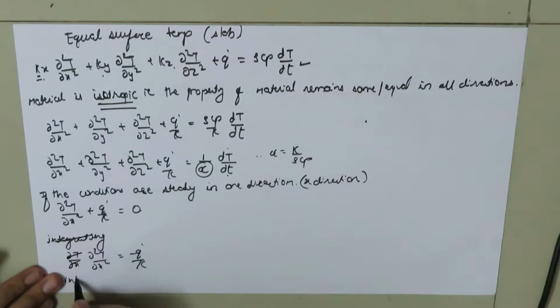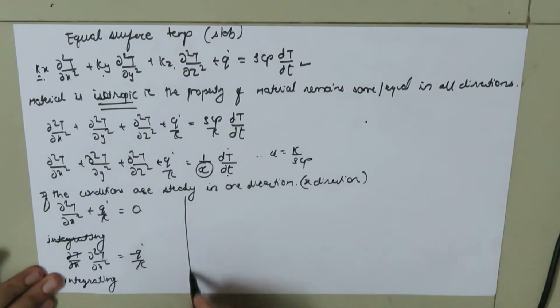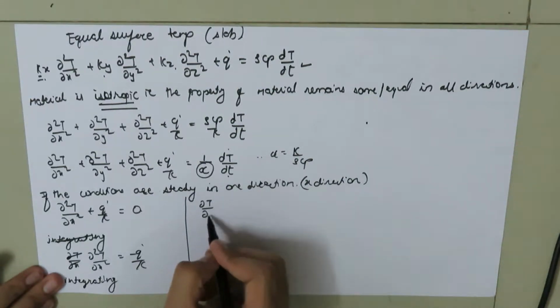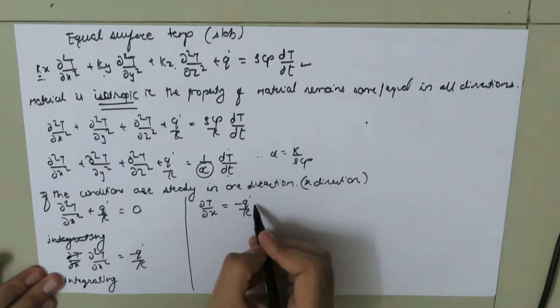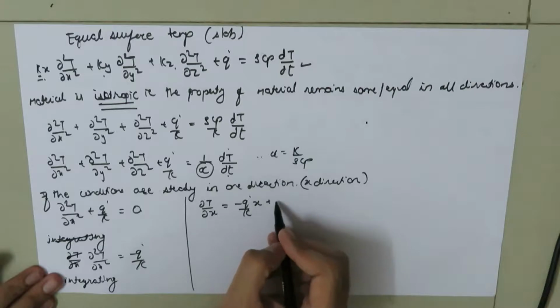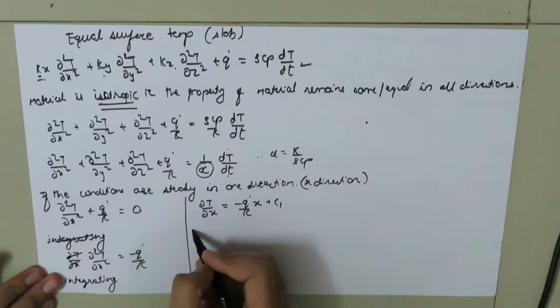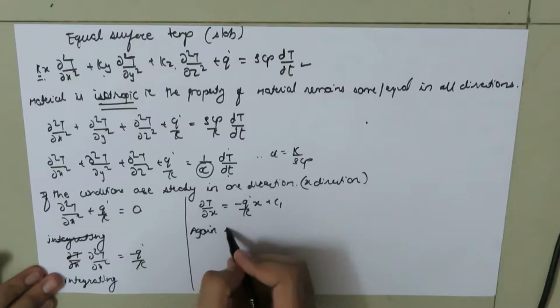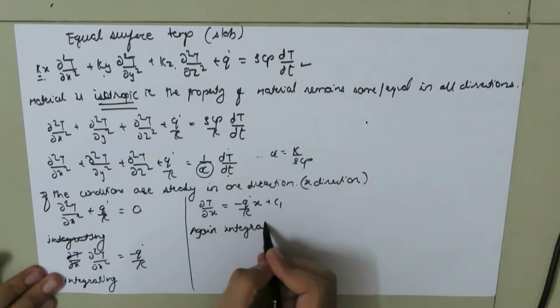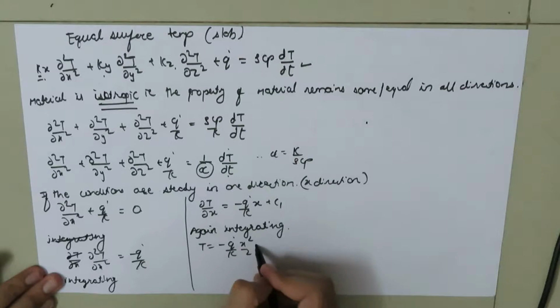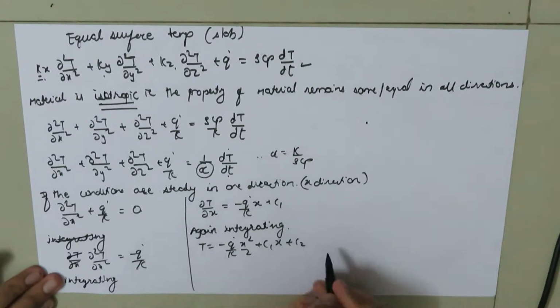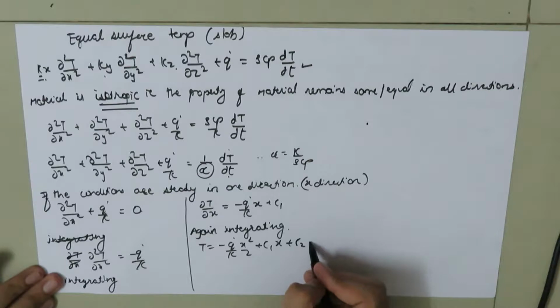Integrating, we get dT/dx is equal to negative q dot by k times x plus c1. Integrating again, we get T is equal to negative q dot by k times x squared by 2 plus c1 times x plus c2. So this is our equation number 1.